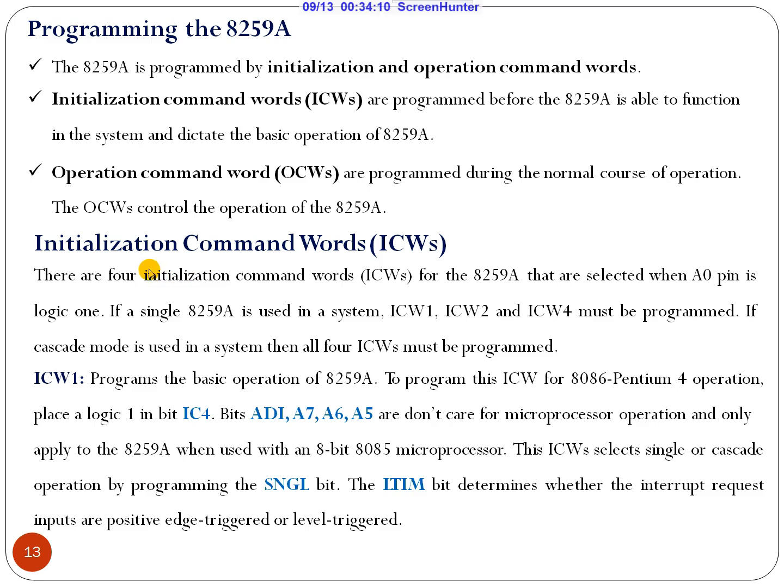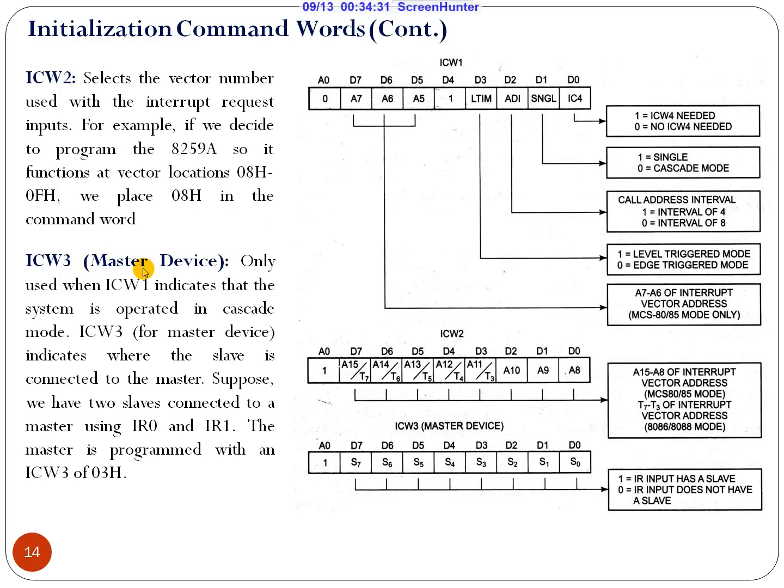Of these four, we will be having three for single mode operation and only one for cascaded mode operation. ICW3 will be for cascaded mode, and ICW1, ICW2 and ICW4 will be used for the single mode operations.